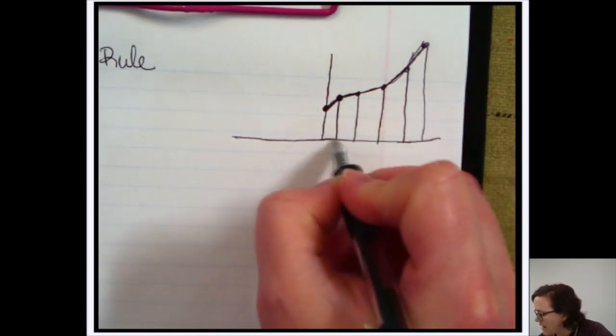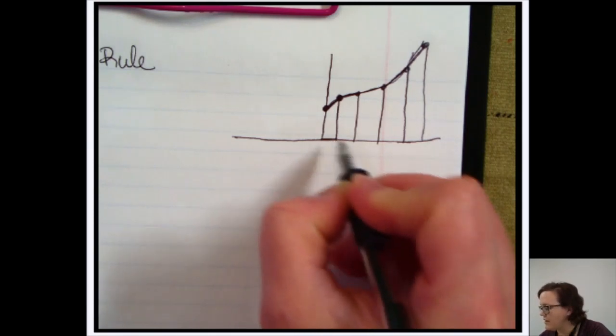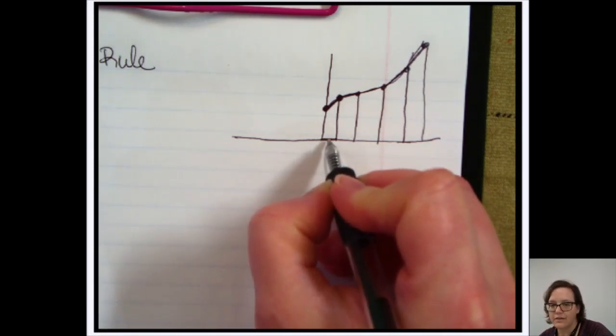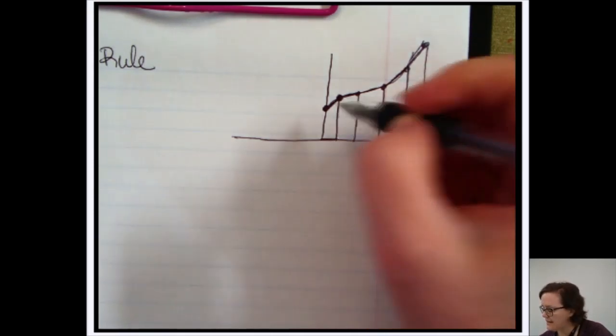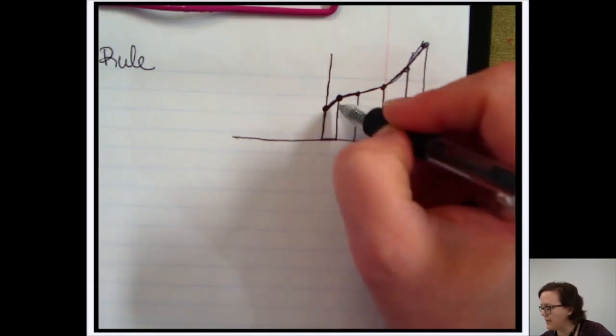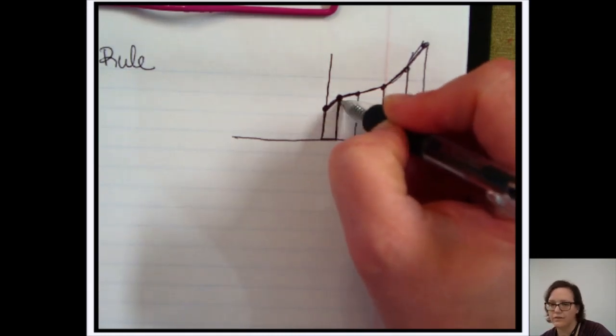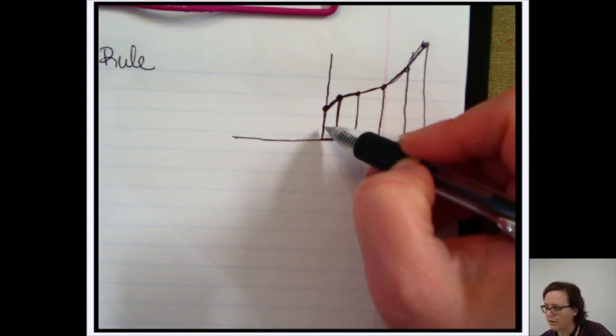Then our x-axis is another side of it. And then we have our bases, or the parallel sides, here. So note we do have a trapezoid here.